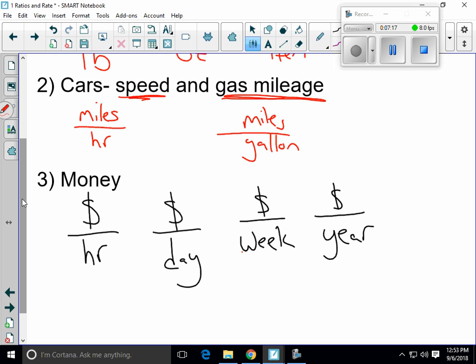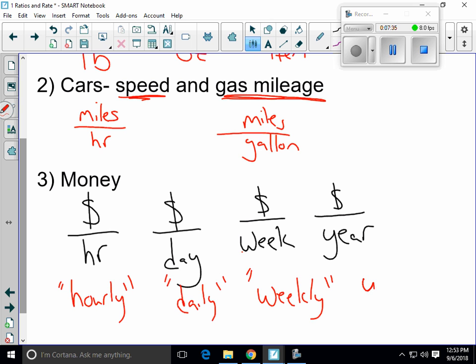Other ways they may refer to these: how much do you make hourly? That means how much per hour. How much do you make daily? How much do you make weekly or yearly? But again, notice for those examples, the money, the cash is king. The money is in the numerator.